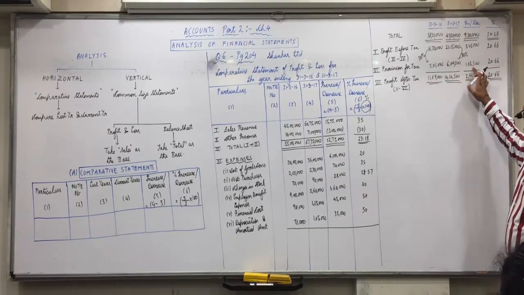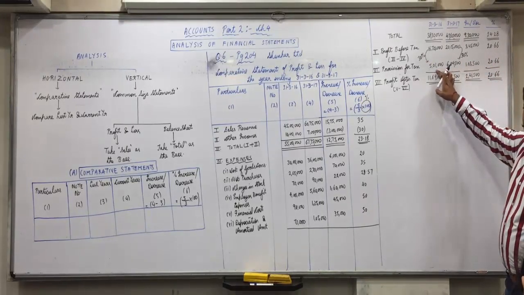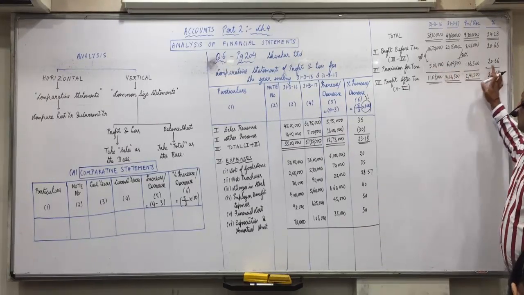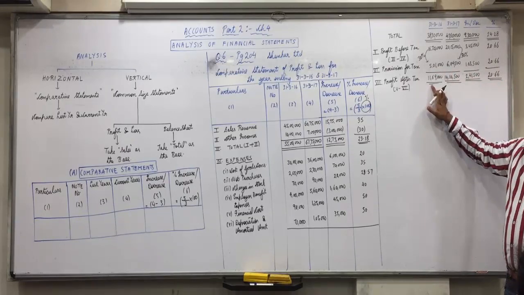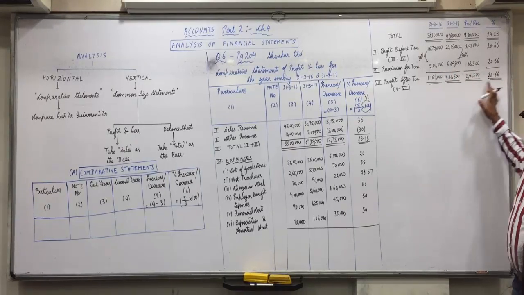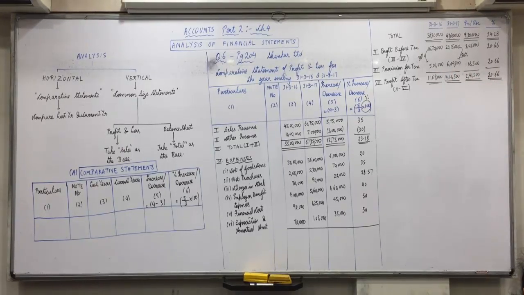Like do the calculation, 1,03,500 upon 5,01,000 percentage. Do you get same or not? Even 2,41,500 upon 11,69,000 percentage, 20.66. Did you understand this, everyone? So last 3 you can always directly write same if the rate of tax is same.